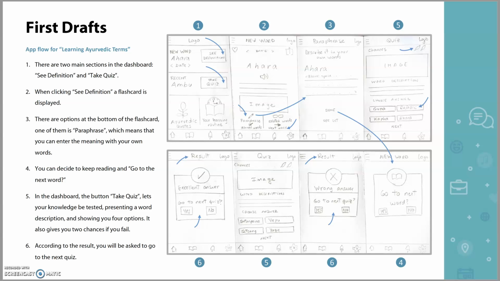He or she also has different chances to try to find out the right word. If the result is okay, you can go to image number 6 that shows excellent answer or wrong answer. According to the result, you will be asked to go to the next quiz.